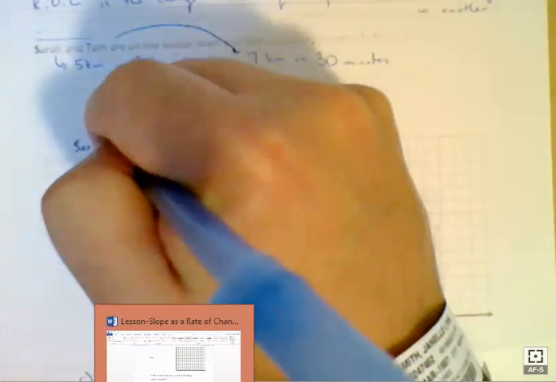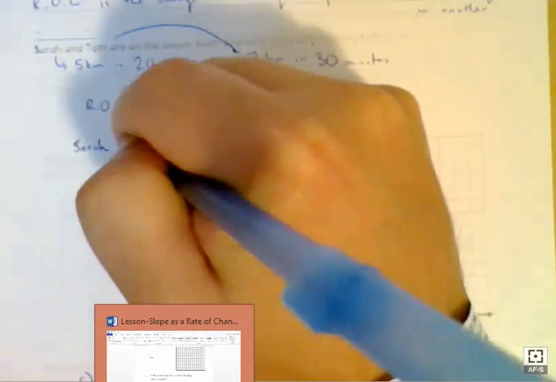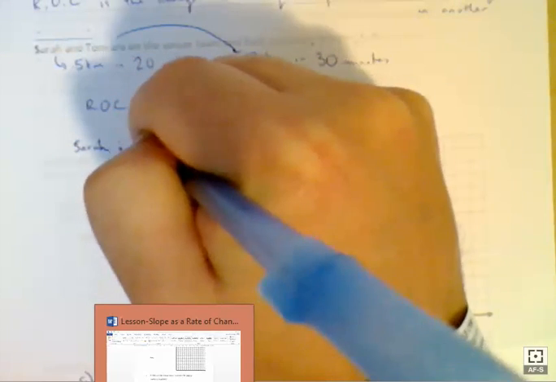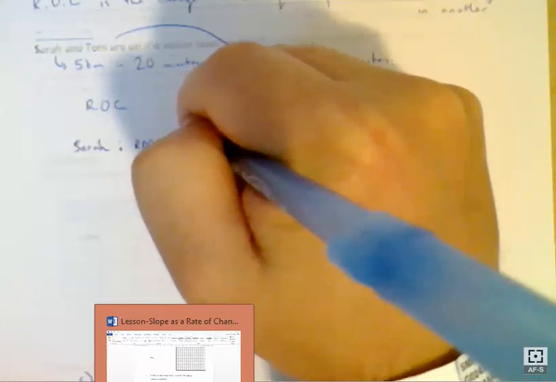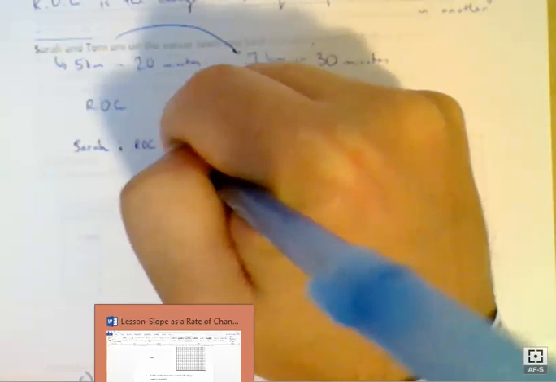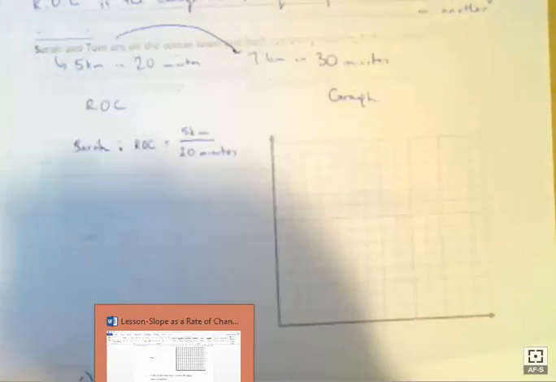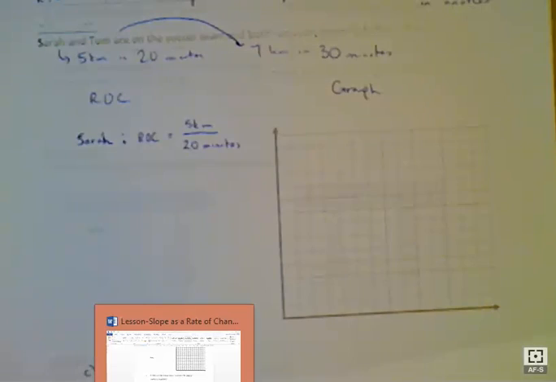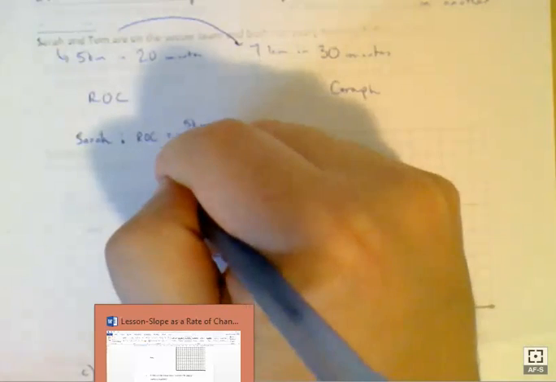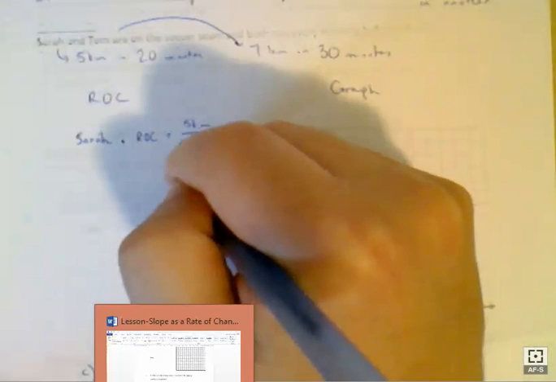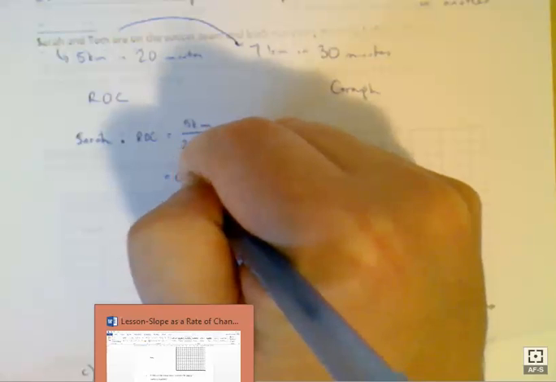So for Sarah, the rate of change is she runs 5 kilometers per 20 minutes. As a unit rate, 5 divided by 20 is 0.25 kilometers per minute.